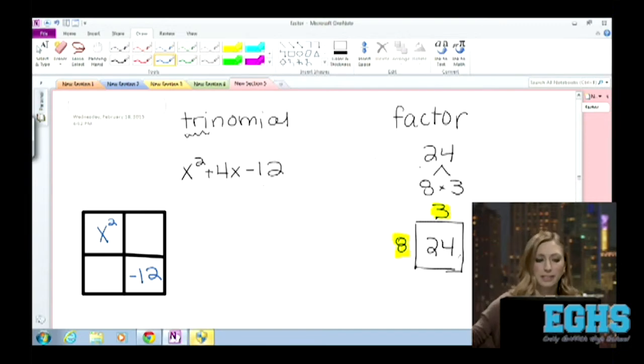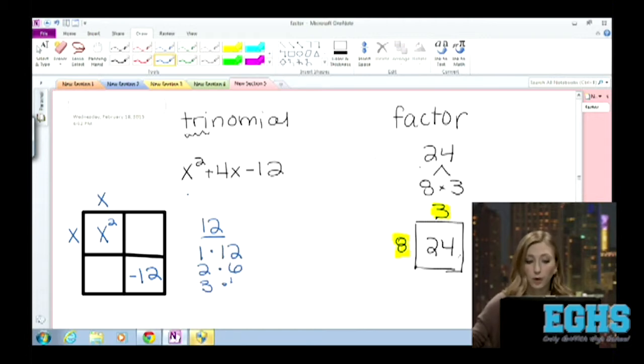And so this is the same idea. We know, though, that to get x squared, we'd have to do x times x, so that piece is not all that hard. Now, when you look at the piece to get negative 12, we've got a lot of possibilities. We could put 1 times 12, 2 times 6, or even 3 times 4.